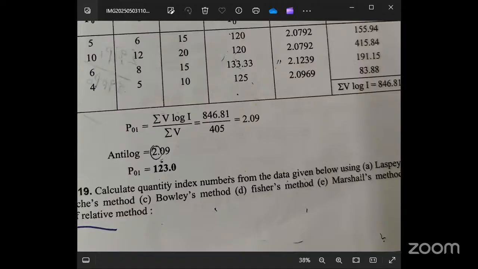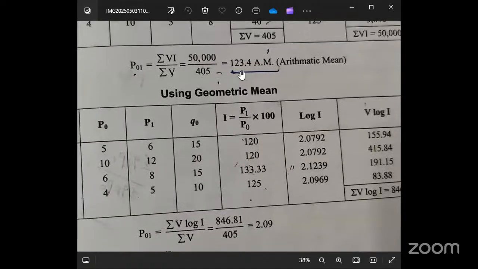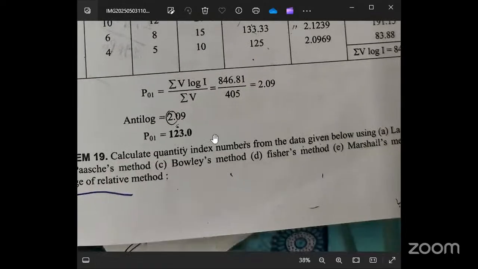So what we got here mean 123. So almost it's very similar.